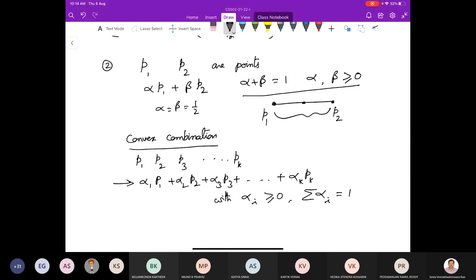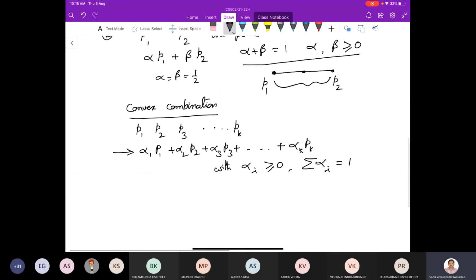So if you see this one, the line segment P1 P2 is a convex combination of its endpoints, P1 and P2.